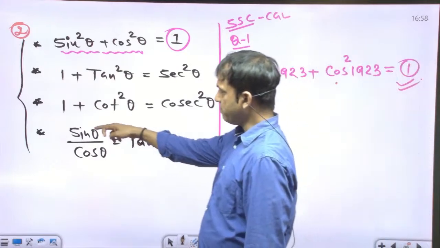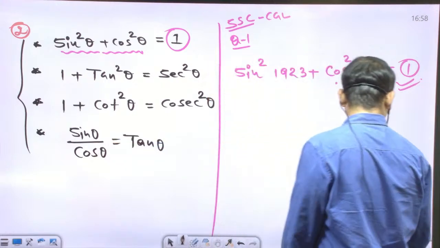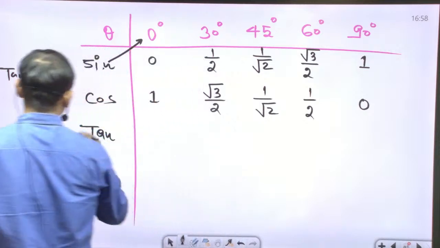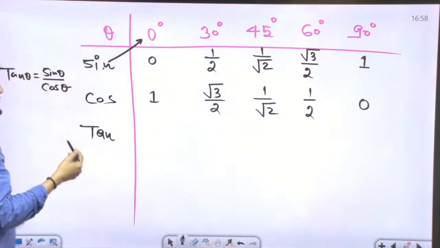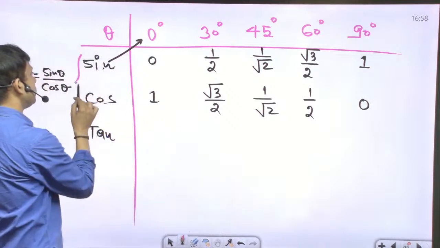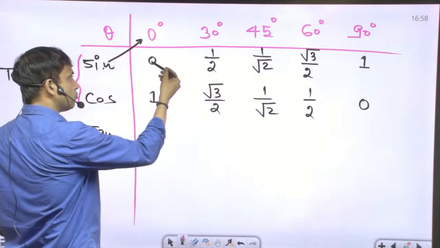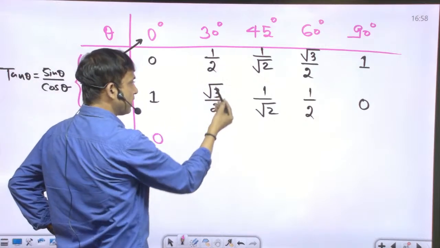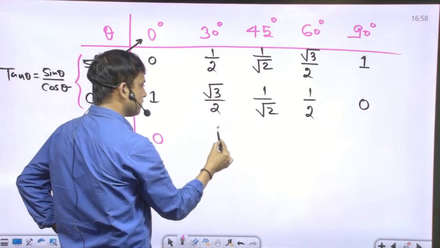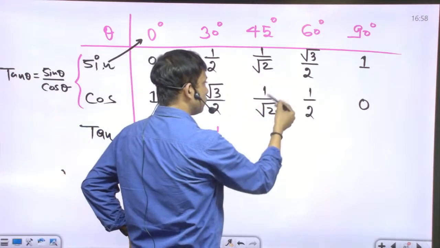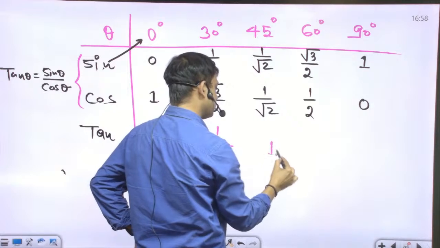So the value of tan will be sine by cos. 0 by 1 is 0. 1 by 2, and the 2 and 2 cancel. Then for 45, 1 by root 2 over 1 by root 2, the numbers cancel, so this will be 1.